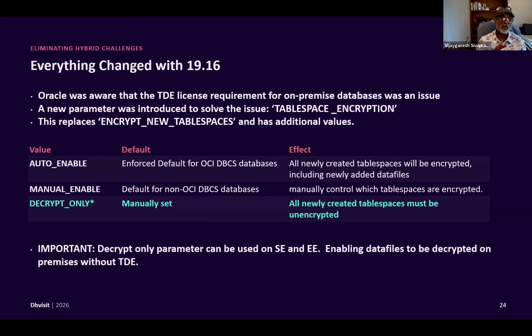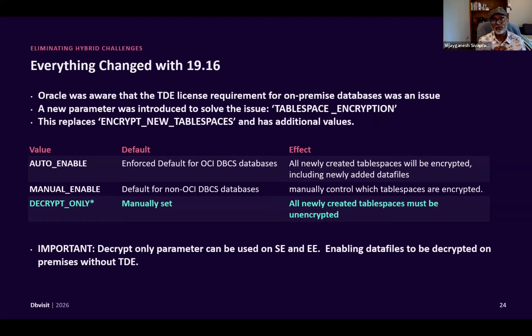The second value is manual enable, which is the default for non-OCI DBCS environments. This ensures your on-premise systems are not encrypted unless you have ASO enabled, and that it is not automatically enabled. So you have to provide the encrypt clause when you create your tablespace and data files.